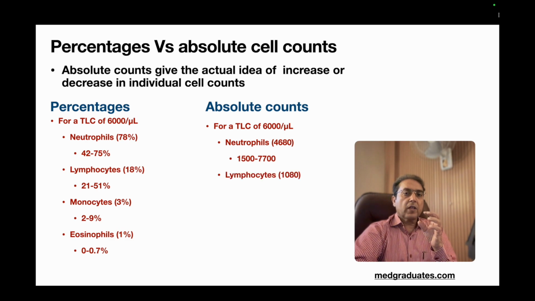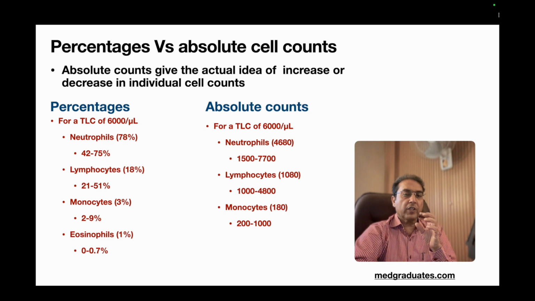Similarly, the patient does not have lymphopenia. The absolute lymphocyte count turns out to be 1080, and the normal count is between 1000 and 4800. So this patient does not have lymphopenia either. The monocyte count is 180. The normal monocyte count is between 200 to 1000. So this patient may have slight monocytopenia.